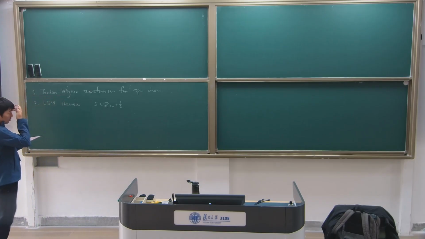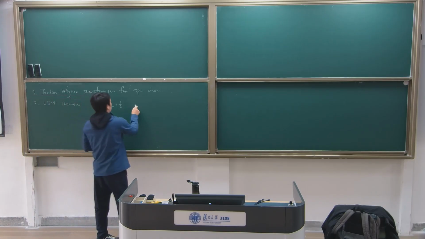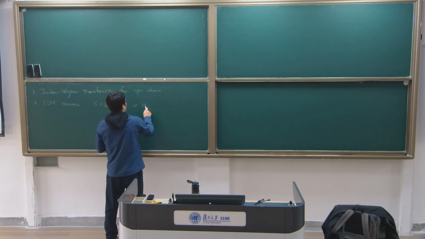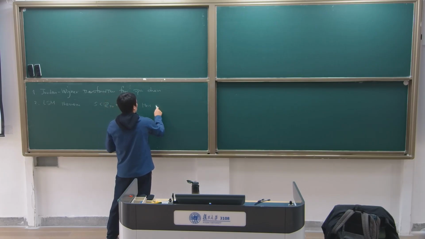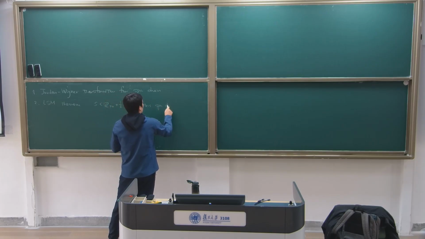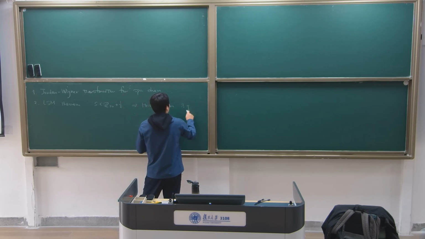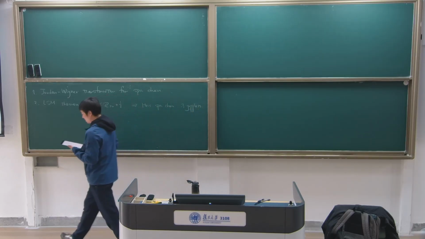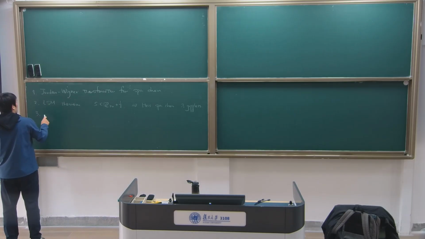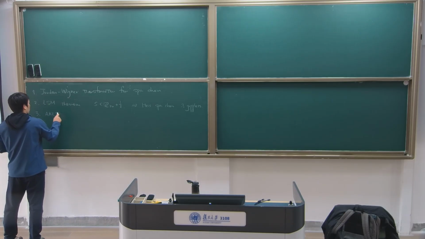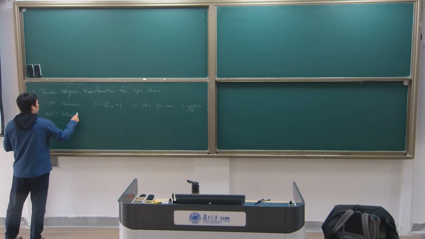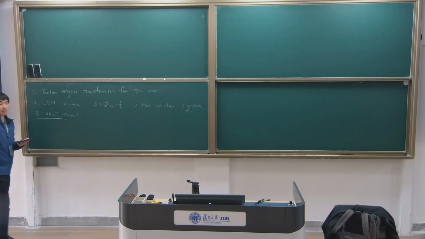Like a strictly half integer spin particle in a chain. Number 3 is introduced by AKLT. So that's the plan of today's lecture.